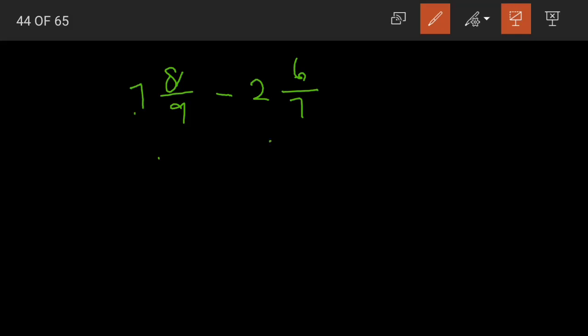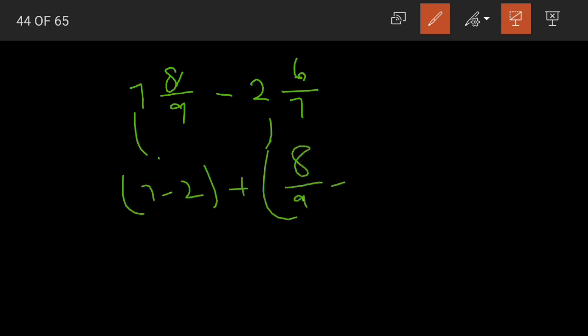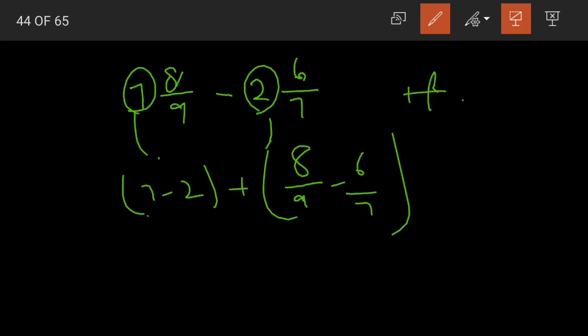If you remember, there is another way for subtracting mixed fractions. We subtract the whole number parts and the fractional parts separately. So I am doing that here, because we have to learn how to solve in both ways. I have already explained one question by converting into improper fractions and subtracting. Let us solve this question this way.